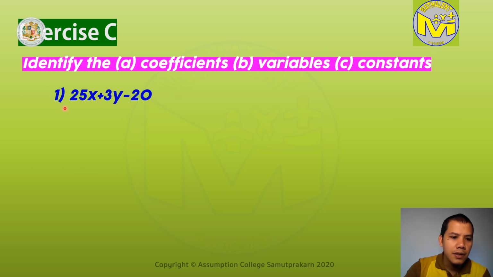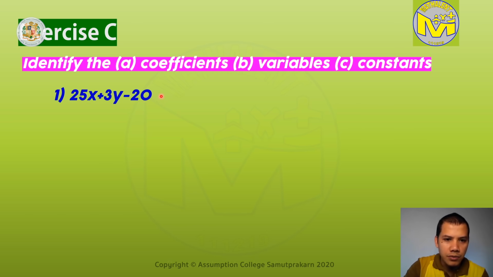Okay, in this first expression, let's identify these 3 things. First, let's count the terms. How many terms can you see in this equation or expression? 25x plus 3y minus 20.